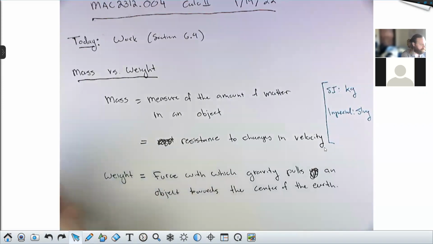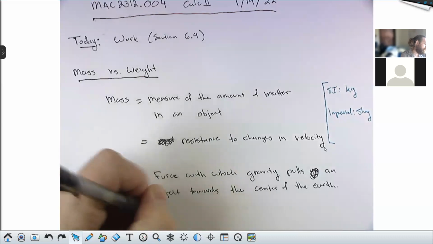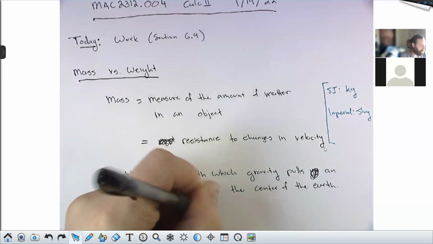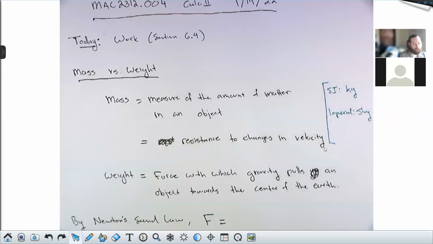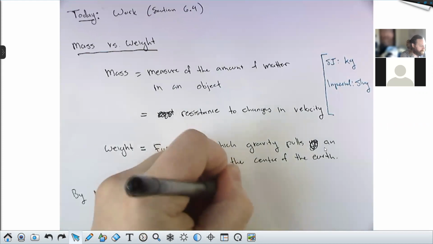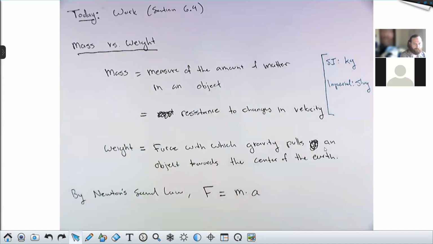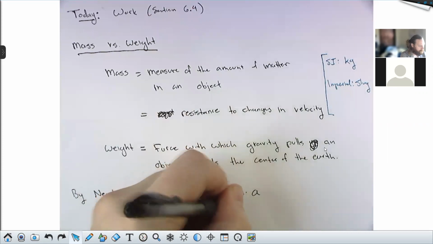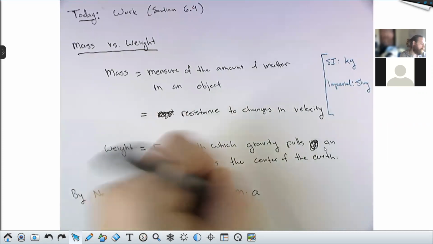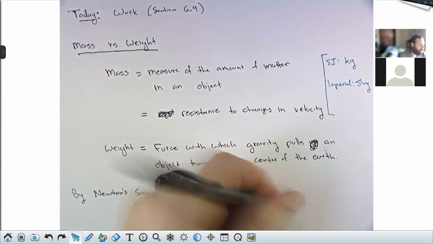So by Newton's second law, the force on an object, and usually we'll be talking about force due to gravity, is equal to its mass times its acceleration. Here is your mass, and A here is your acceleration.